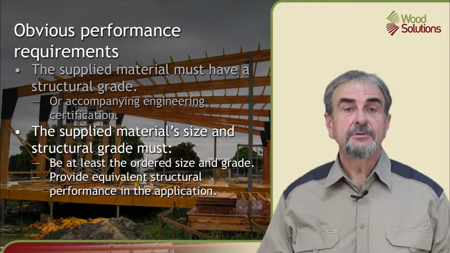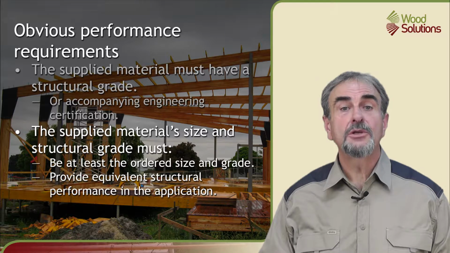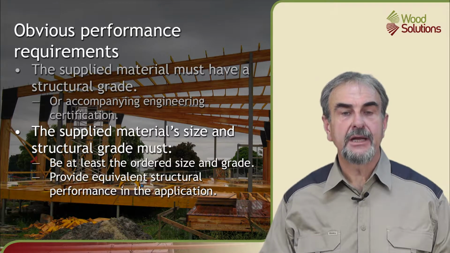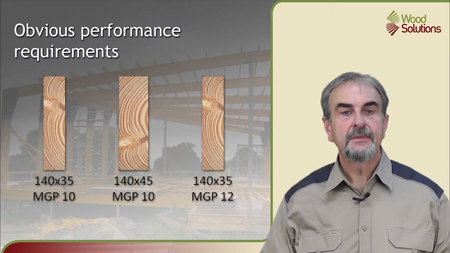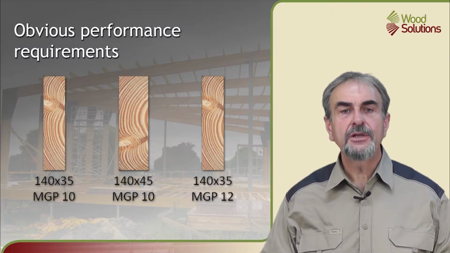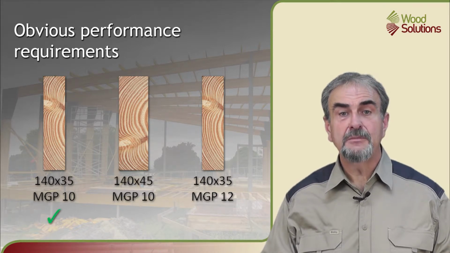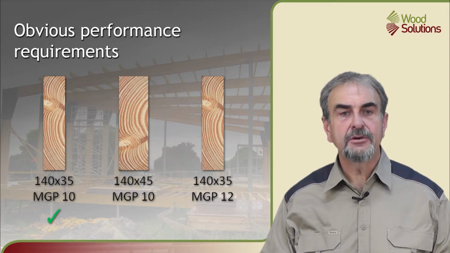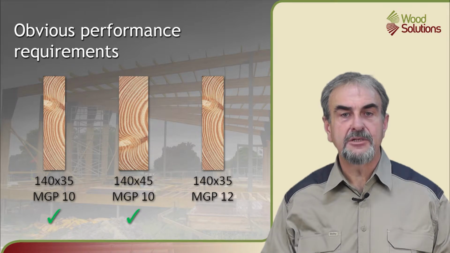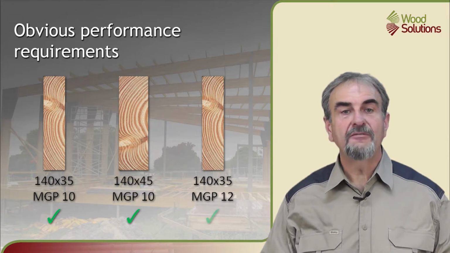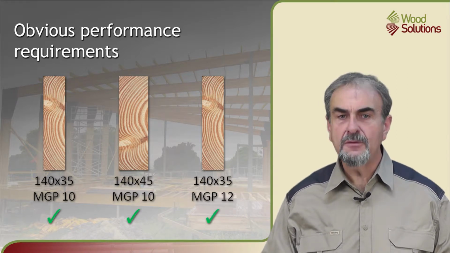The supplied material size and structural grade should be the ordered size and grade, or provide at least equivalent structural performance in the application. For example, if the order calls for a 140 by 35 MGP 10 sticks, the supplied material can be the 140 by 35 MGP 10 graded sticks as ordered, or if the customer agrees 140 by 45 MGP 10 graded sticks, or 140 by 35 MGP 12 sticks.